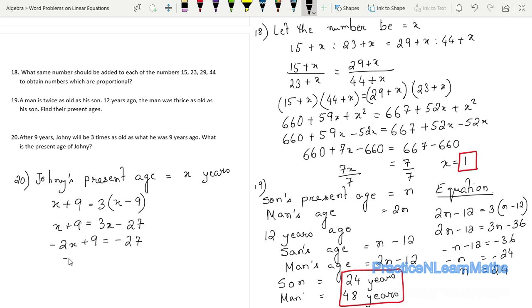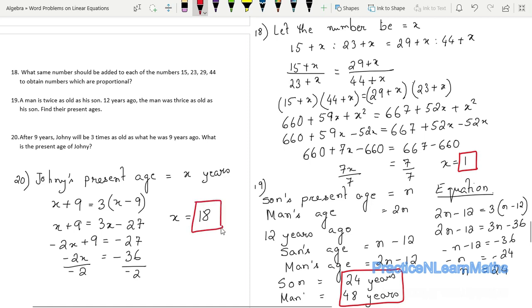Subtracting 9 from both sides, we get minus 2x is equal to minus 36. Divide both sides by minus 2. We get x is equal to 18. So Johnny's present age is 18 years. That's the answer.